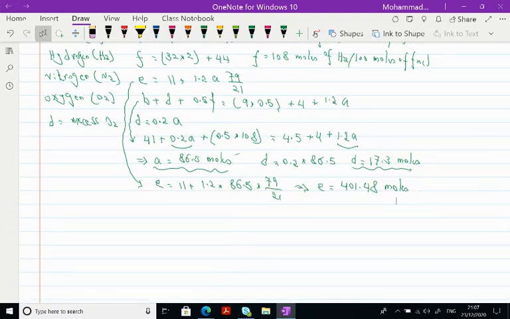So now we just write down the complete combustion equation.